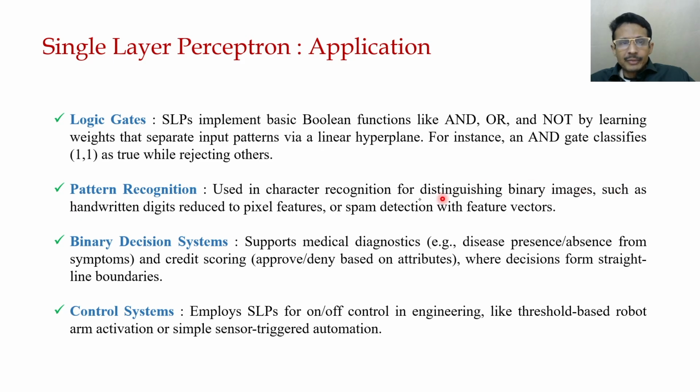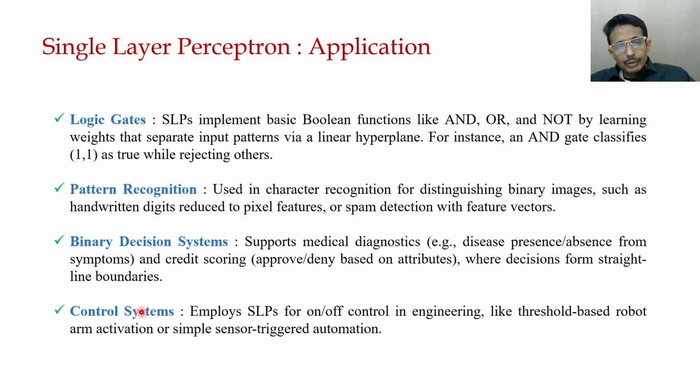Just for example, handwritten digit recognition, spam detection with feature vectors. It can also be used in binary decision systems, such as medical diagnostics, disease presence or absence, or credit scoring. This straight line is basically a separator or decision boundary.